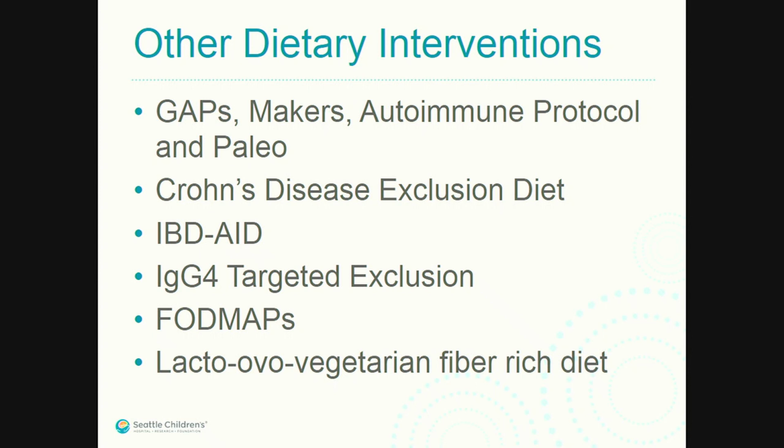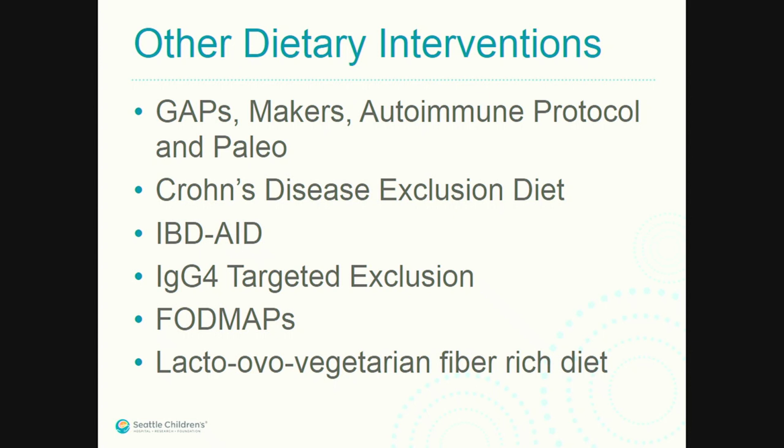And there are other dietary interventions. There are diets that have been based on the SCD, such as GAPS, Makers, Autoimmune, and Paleo, as well as IBD Aid. But unfortunately, these diets haven't really been studied. In addition, there are other diets, such as the Crohn's disease exclusionary diet, which have been studied, but are proprietary, so we don't have the details of the diet at hand.